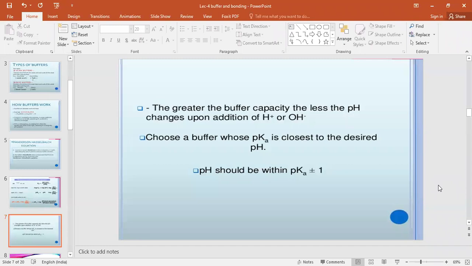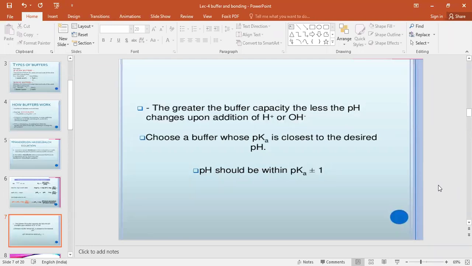There is a reciprocal relationship between the pKa value and the capacity of the buffer. If your pKa value is lower, then your buffer capacity is higher, and your buffer should be called a strong buffer.